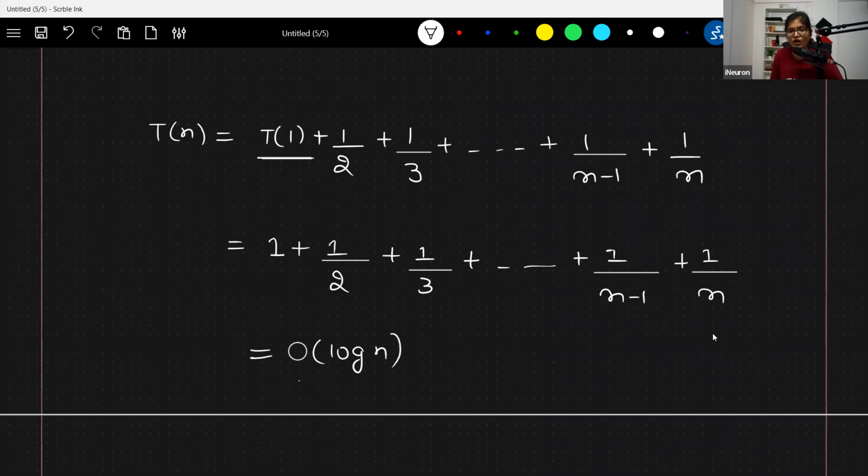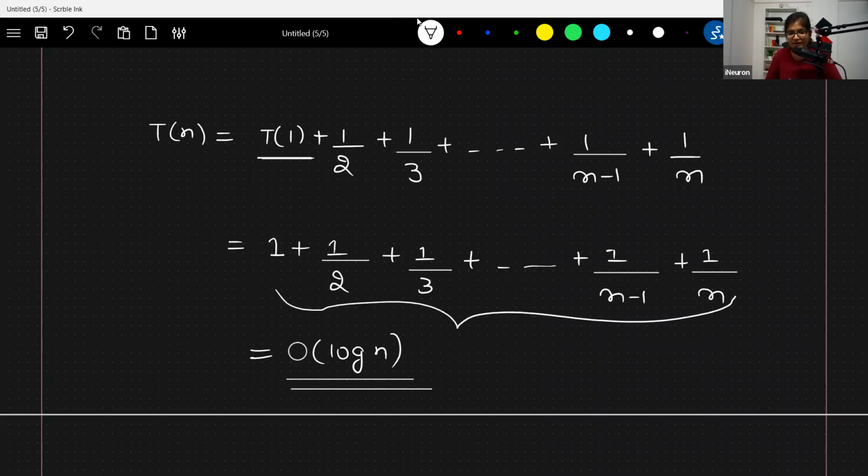So it is big O of log of n. This is a series of logarithmic series, and that's why the time complexity will be big O of log of n. Yes. Can I say this is a series of logarithmic series? 1 plus 1 by 2 plus 1 by 3, 1 by 4, 1 by 5 until 1 by n.